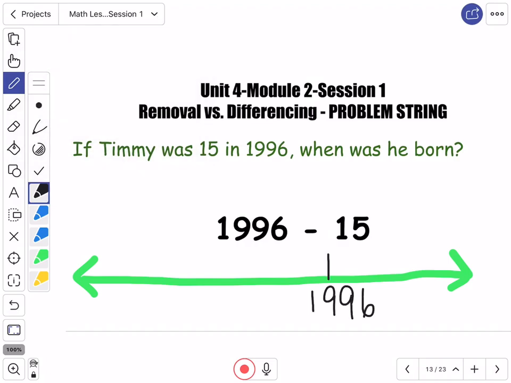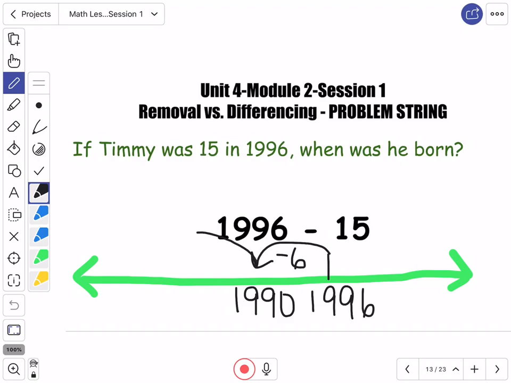and if I jump backwards and get to a solid number, let's say I jump backwards to 1990 for a second. I've gone backwards 6 years so far. I know that I need to go backwards 15 years, but now that I'm at 1990, it's much easier to jump back a little bit.